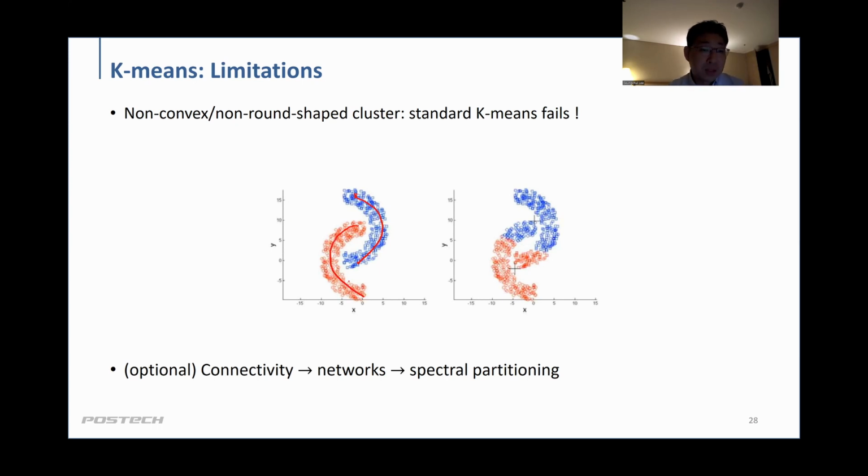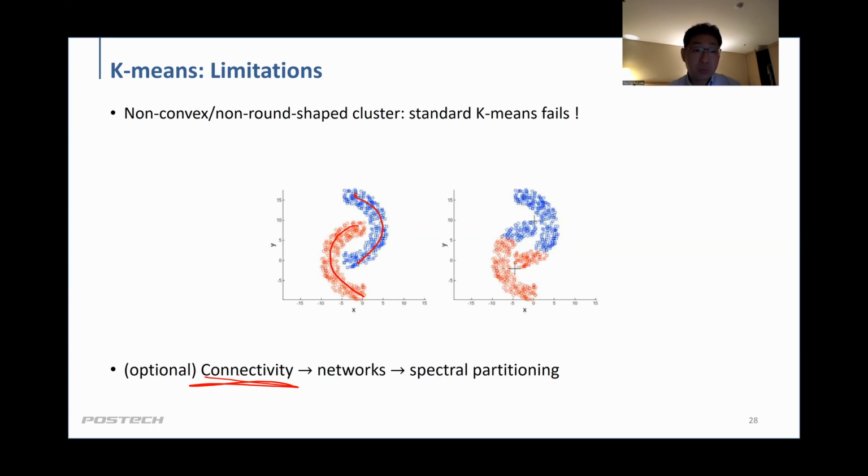So k-means does not take connectivity into account. It only counts distance as the definition of similarity.